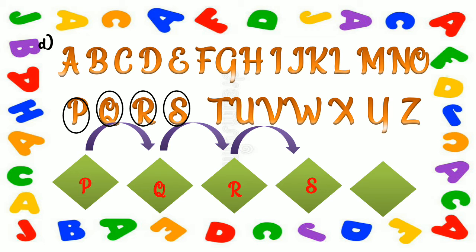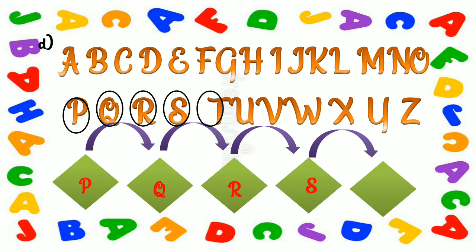In this question, we see that to continue the series, we have a next letter and we write the next letter. So it's P, Q, R, S, and here is the T. So now the next answer is T because it's next to S.